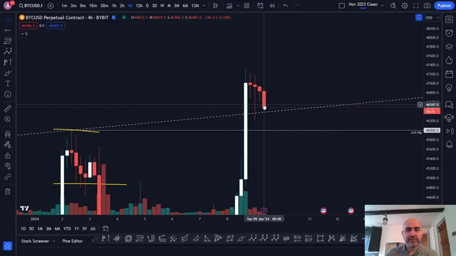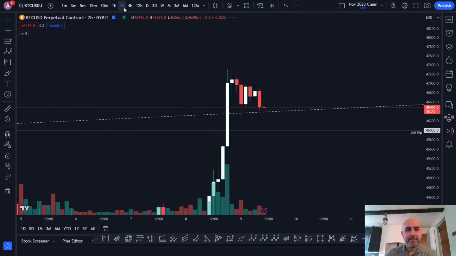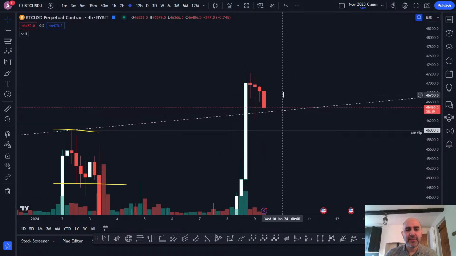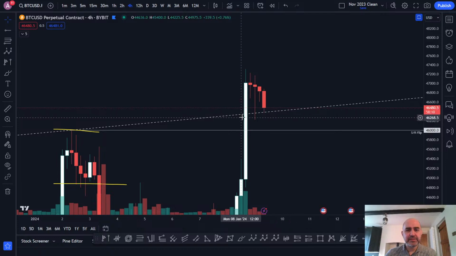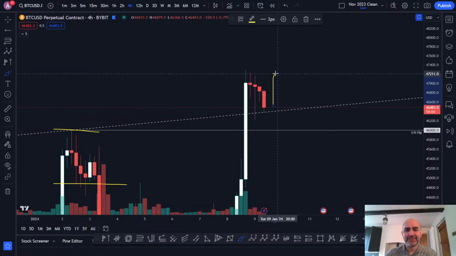It's not looking like healthy consolidation at the moment. It's just looking like a large amount of take profits, and as long as this support level holds, then we're fine.